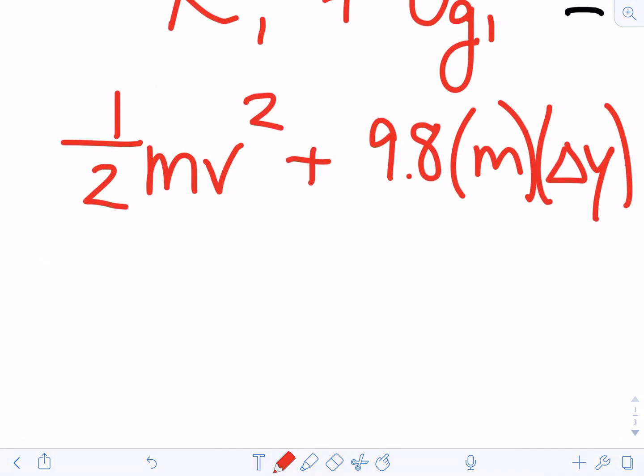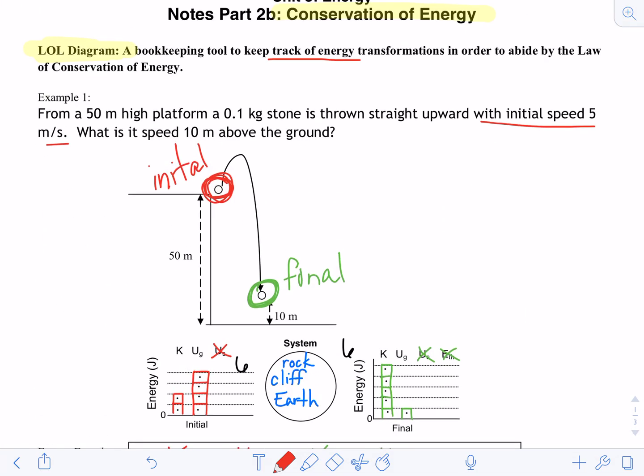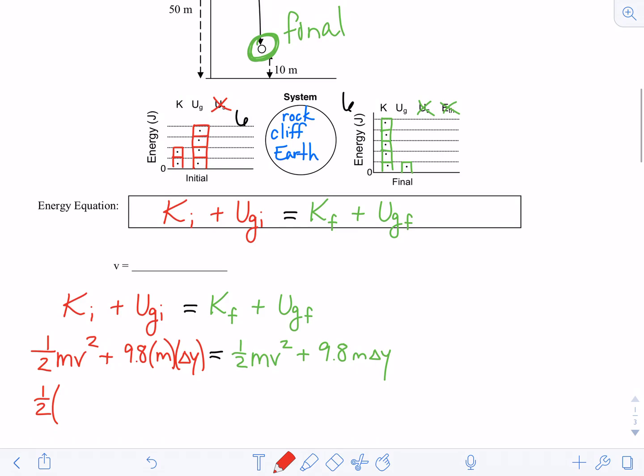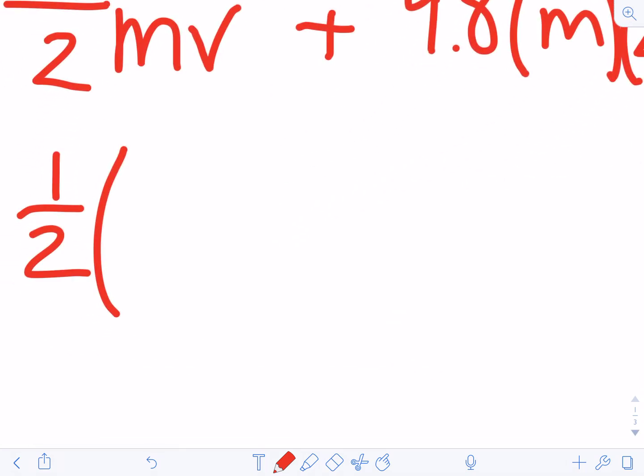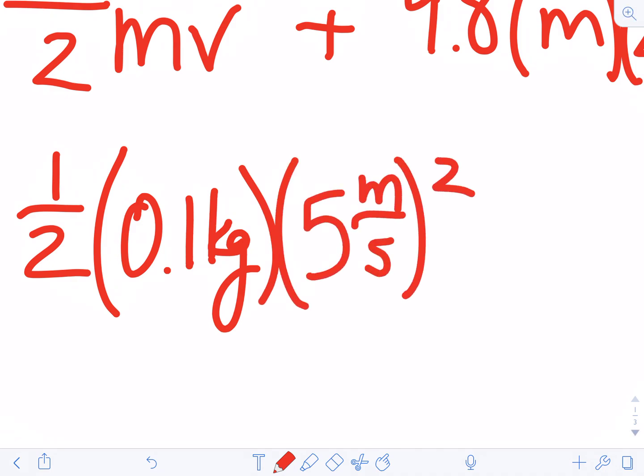We'll start with 1/2, and we're told that the mass of the stone is 0.1 kilograms. So we'll put in 0.1 kilograms. We are told that we could throw it up at 5 meters per second.